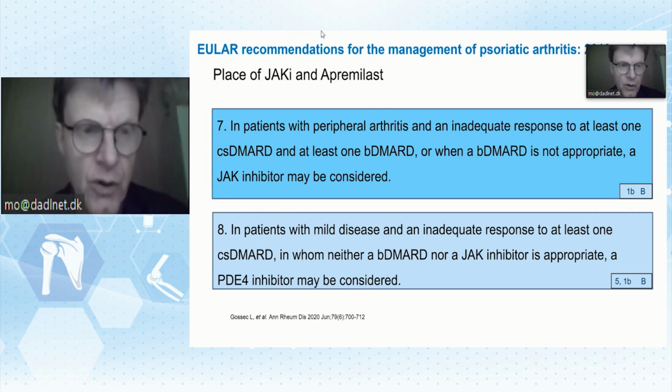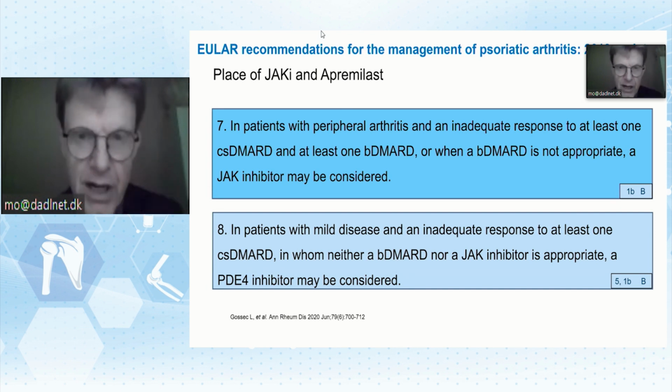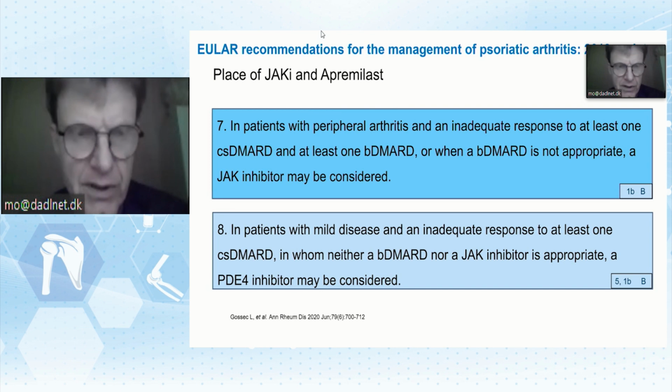Apremilast, or PDE4 inhibitor, may be considered, but only in patients who have mild disease with an adequate response to a conventional DMARD, and where you don't consider the disease active enough to make a bDMARD or JAK inhibitors appropriate.